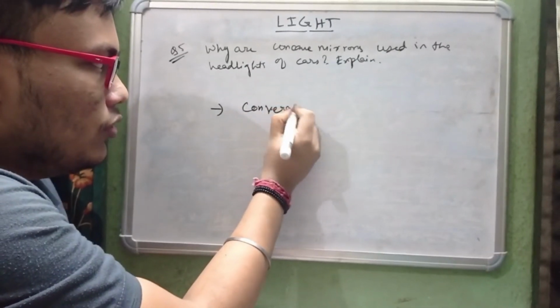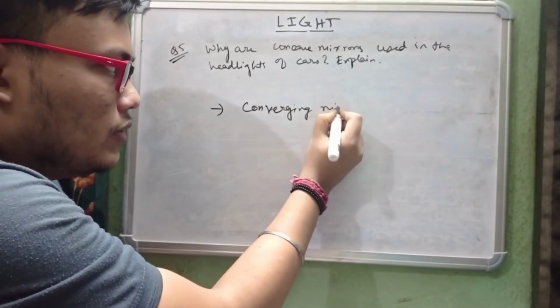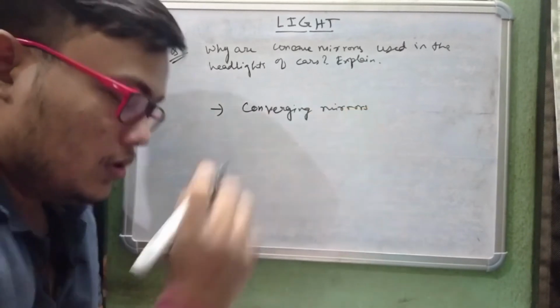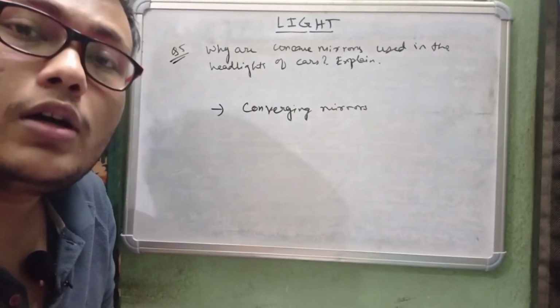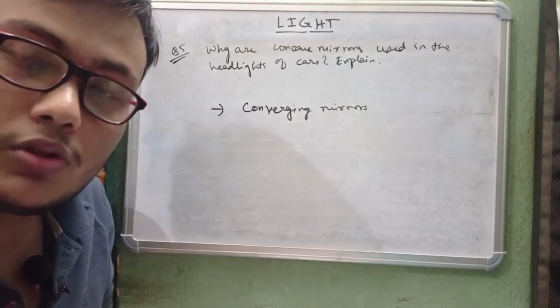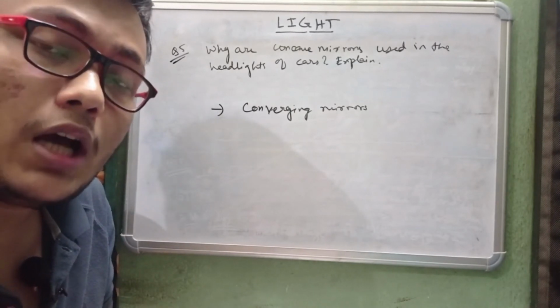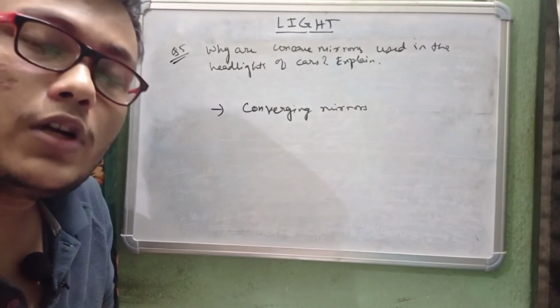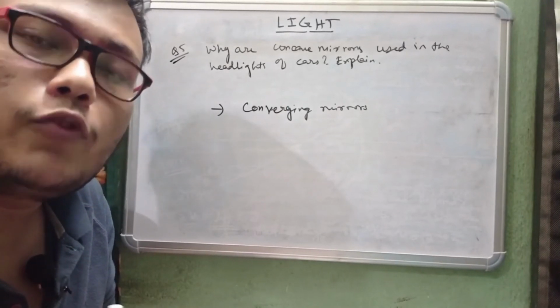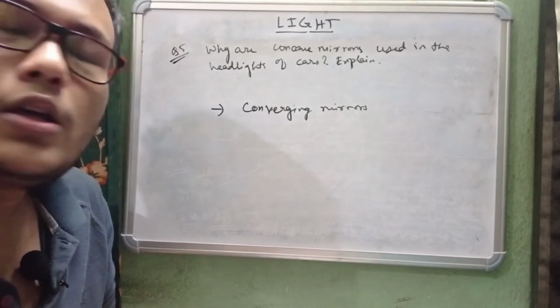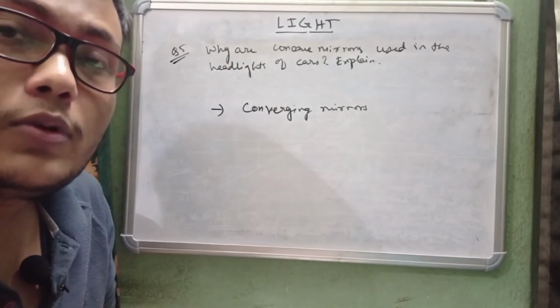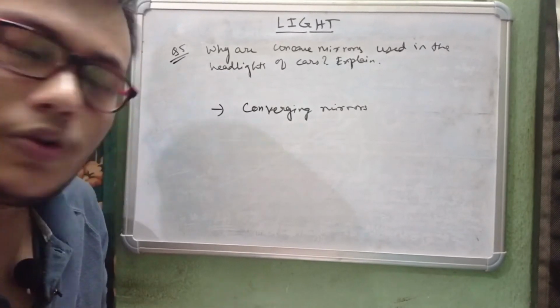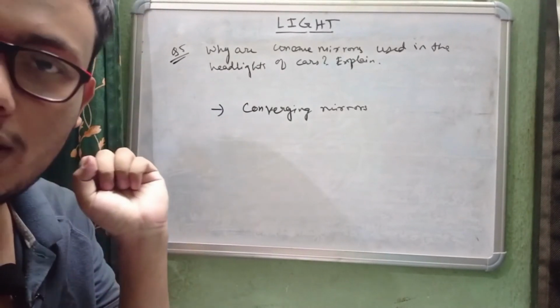When rays of light are traveling parallel to the principal axis of a concave mirror, after reflection they will converge at a point, that is the focus, right? Every parallel ray will pass through focus, so it's a converging mirror. This one we know, right?